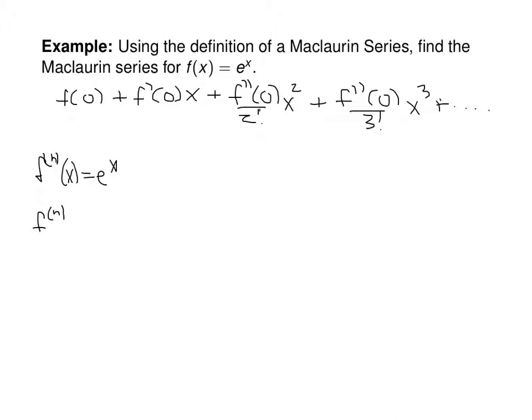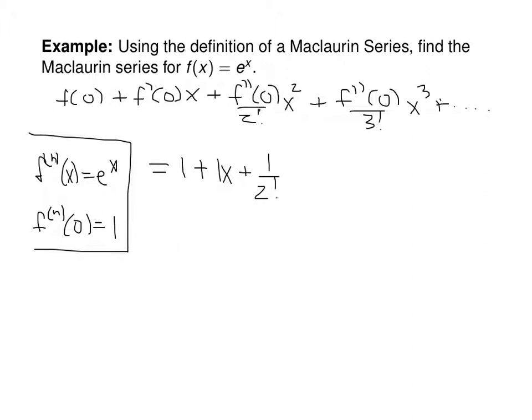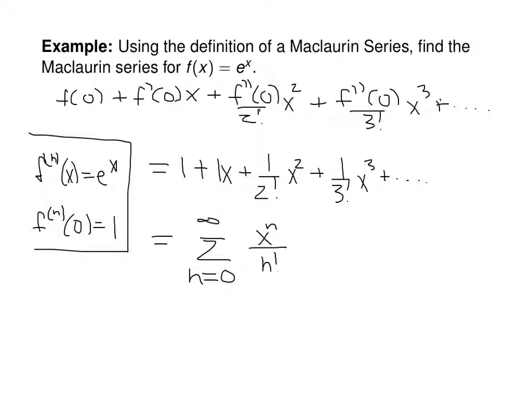So the nth derivative at 0 is e to the 0, which is 1. So this Maclaurin series will be 1 plus 1x plus 1 over 2 factorial x squared plus 1 over 3 factorial x cubed, etc., which can be expressed as the sum from 0 to infinity x to the n over n factorial.